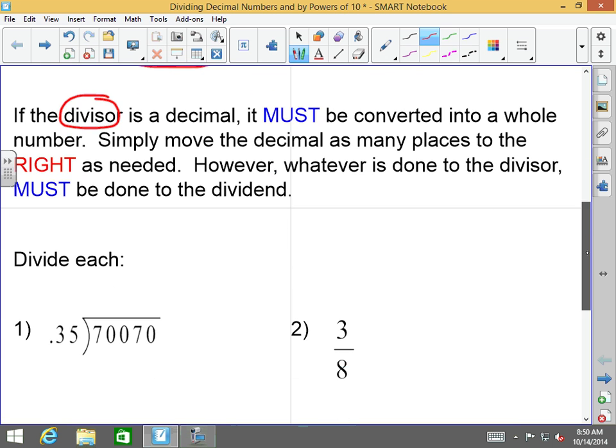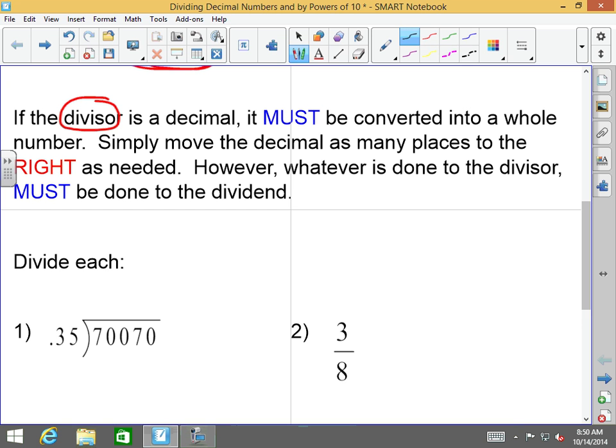Let's learn by example. Number 1, you see here, I've got 0.35 on the outside. That is my divisor. That's a decimal number. I must convert it to a whole number. So I'm going to take this decimal and go 1, 2 to the right, making it now 35.